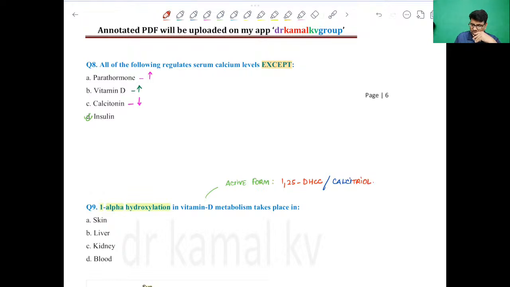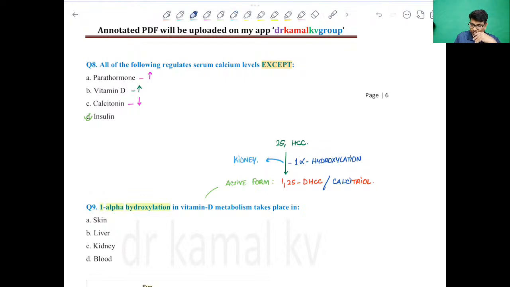So this form is the active form, and it is derived from 25-hydroxycholecalciferol, and here happens the 1-alpha hydroxylation. Now what is the site of this 1-alpha hydroxylation? The site of this step is kidney.